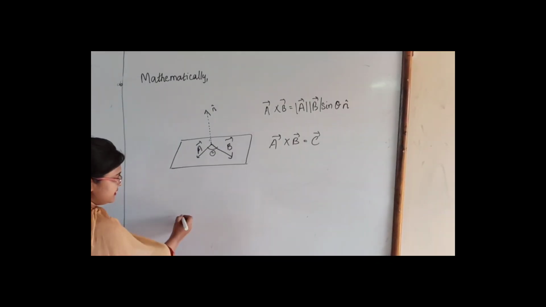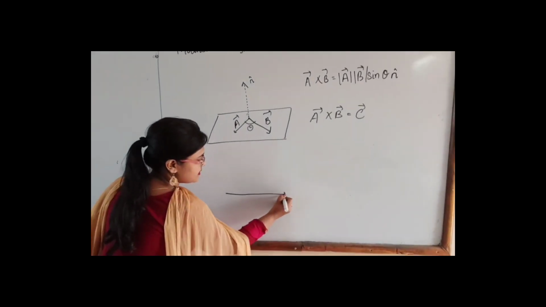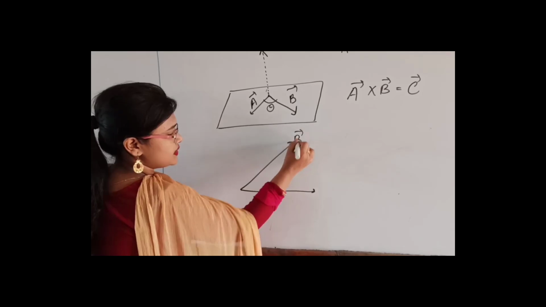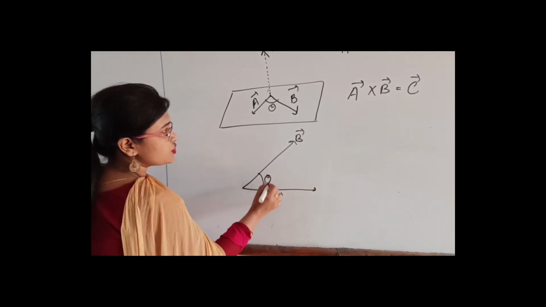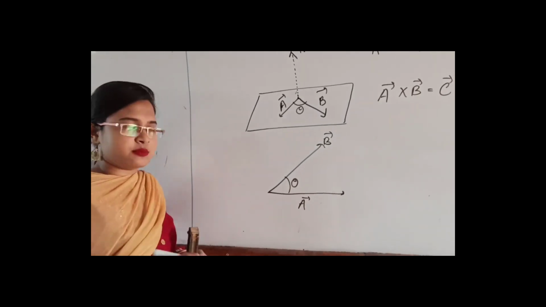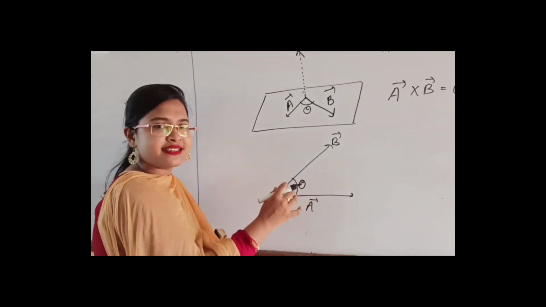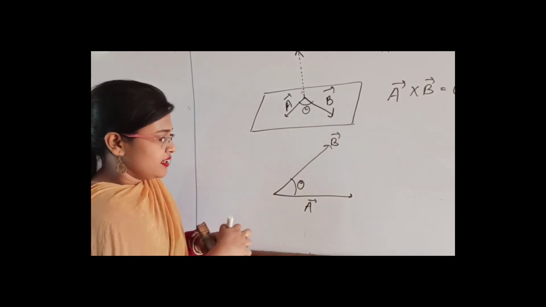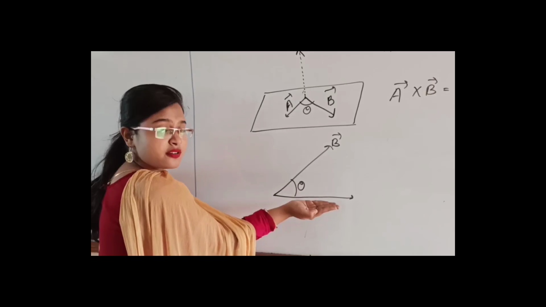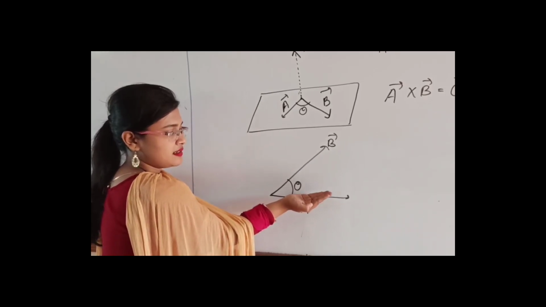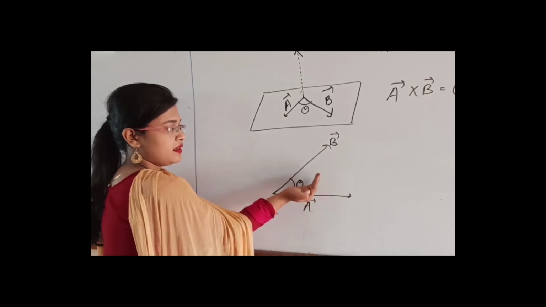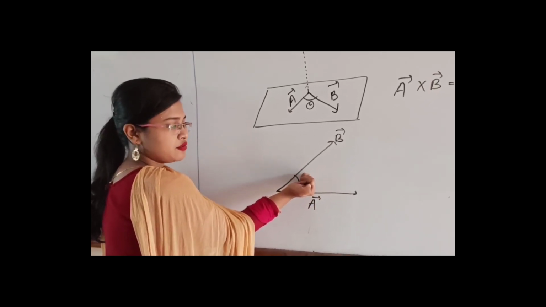So, see that if a plane contains vector A and vector B, and the angle between them is theta, and I wish to find A cross B, we know that it is given by AB sin theta. But what about its direction? Simply using your right hand, put your fingers on vector A and curl them in such a way that it rotates from A to B. Then stretch your thumb out.